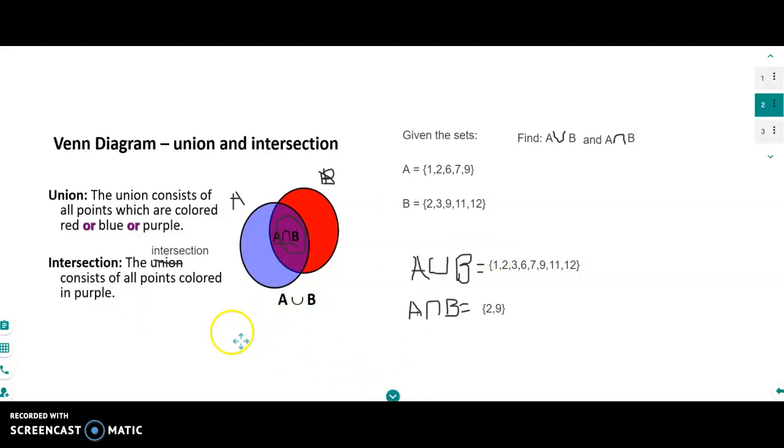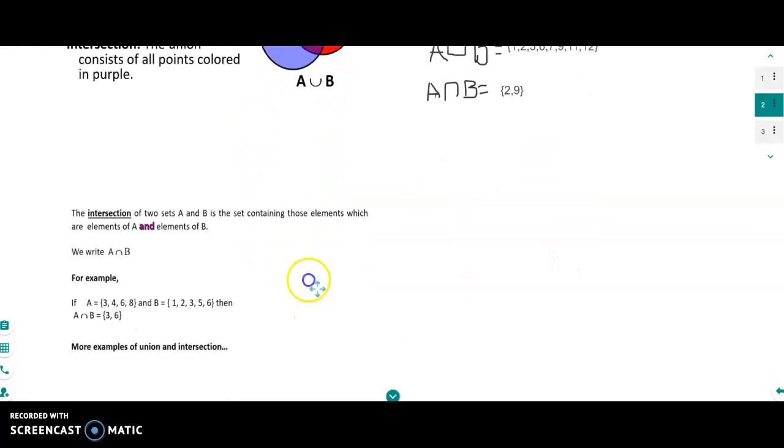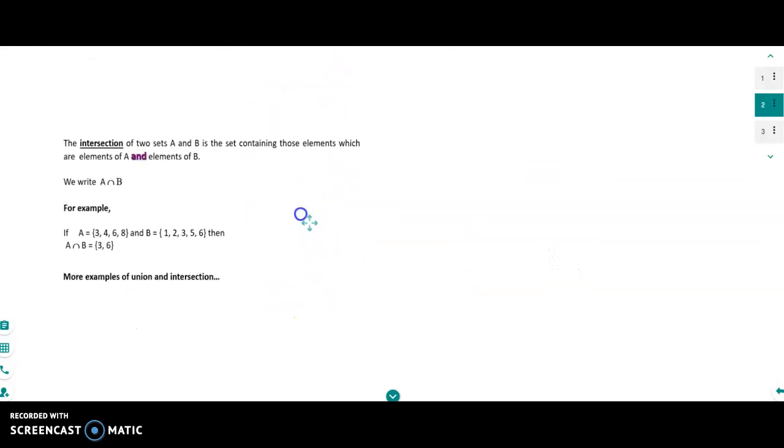So let's go on with slide 17. Here we have more examples. The intersection of two sets A and B is the set containing those elements which are elements of A and elements of B. We already talked about that in the last slide.